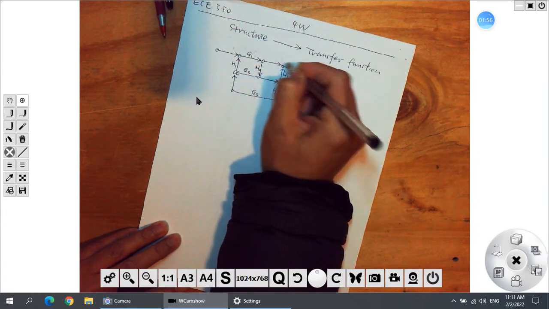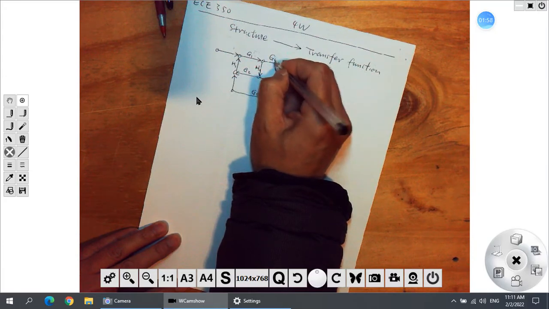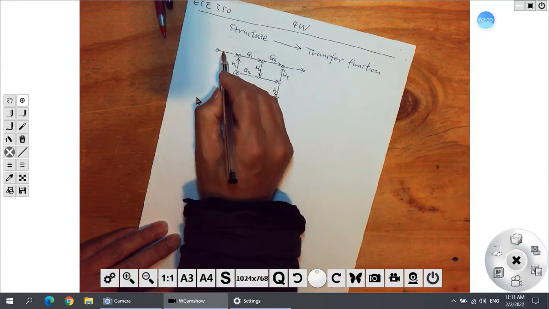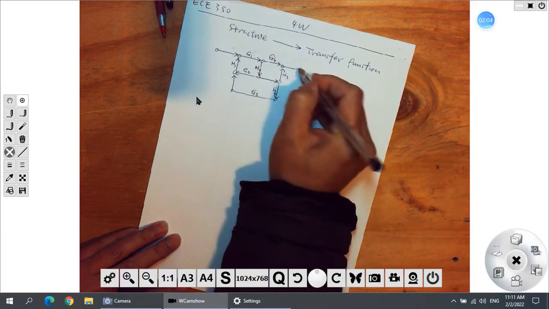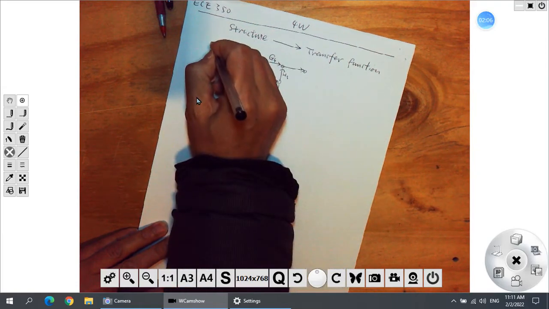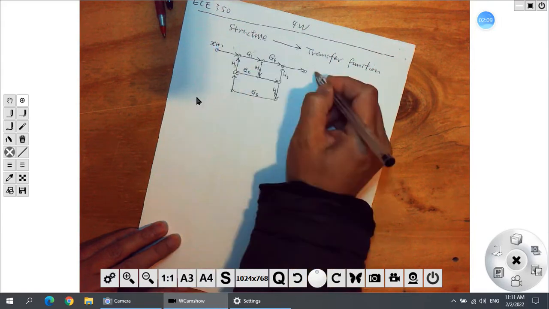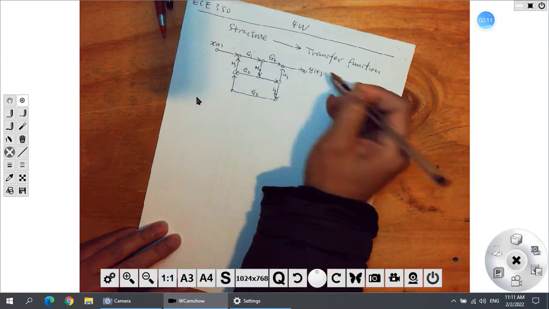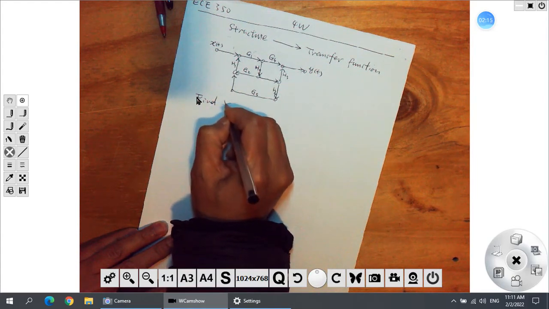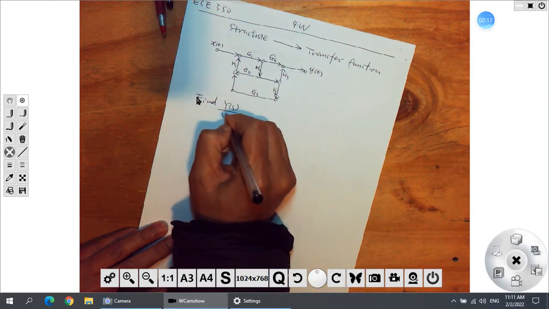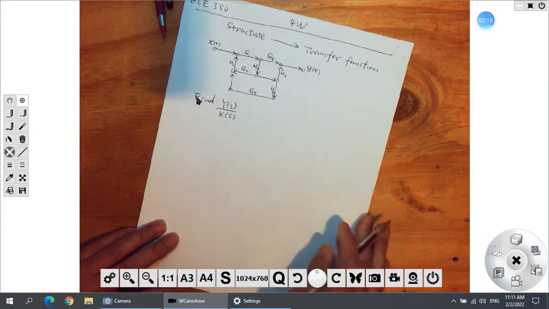Those bars without any letter mean just 1. The input is x of t and y of t is the output. We want to find the transfer function, Y of s over X of s.